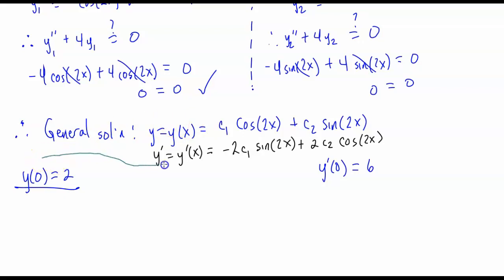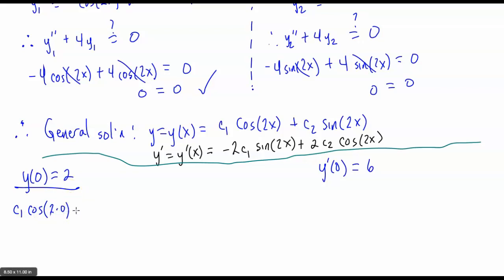And go ahead and draw a line here just to get some separation. All right, so switch colors again. Here, everywhere where we see x, we're going to put a 0, and then of course it's going to equal 2. So this is just c1 cosine of 2 times 0 plus c2 sine of 2 times 0, and that's going to equal 2.